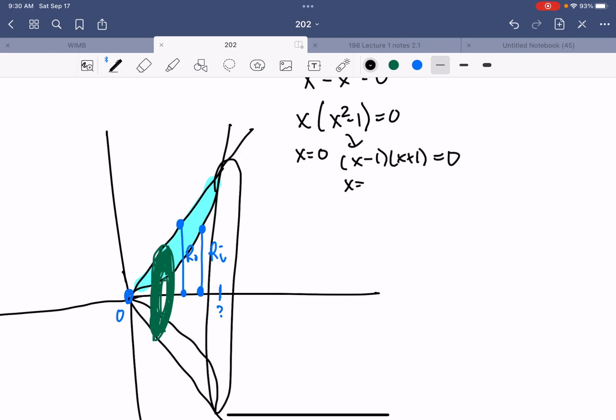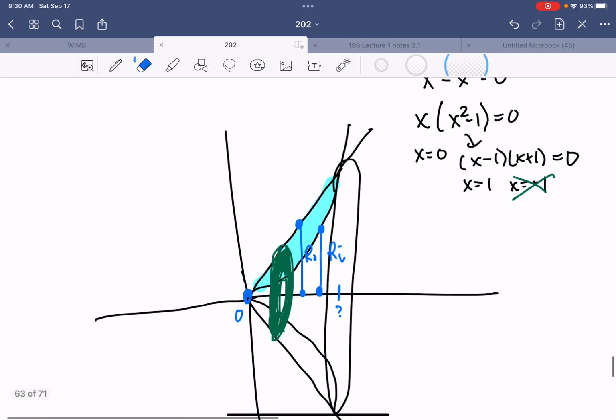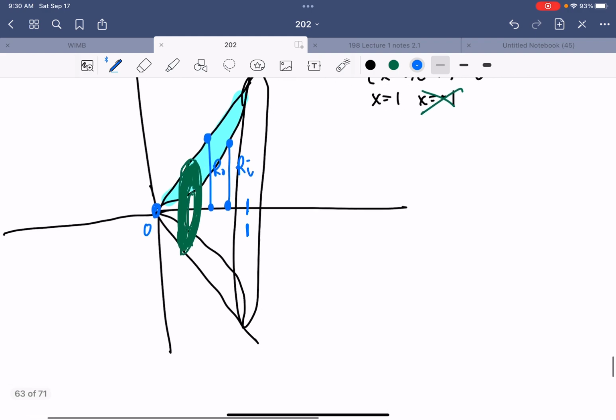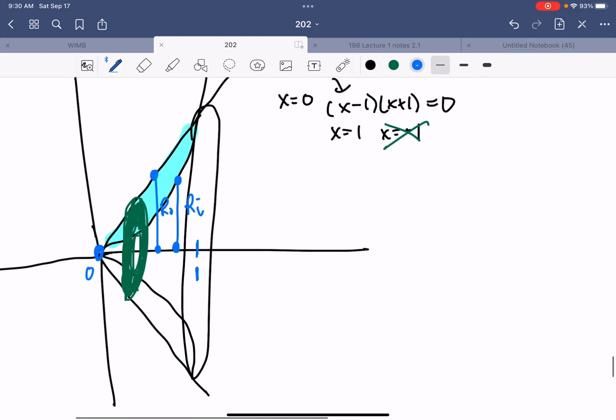And that'll give us an x equals 1 and an x equals -1. Now, the -1 is from the part that I erased. That's not where we're talking about. That's not for x greater than or equal to 0. So I'm just going to ignore it. So that tells me that this value that I wasn't sure of before is 1. Okay, so let's make sense of all this now.